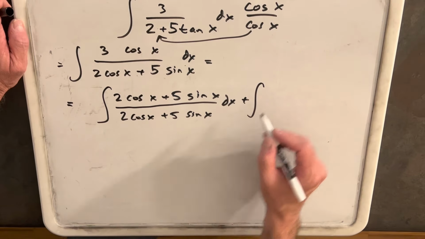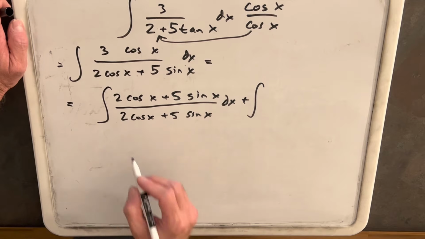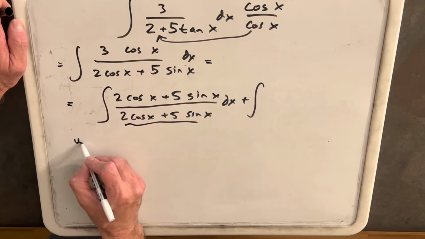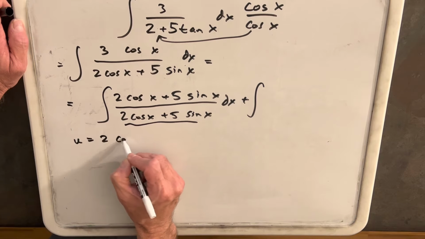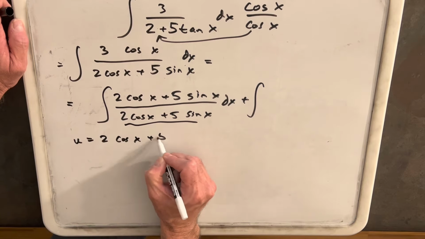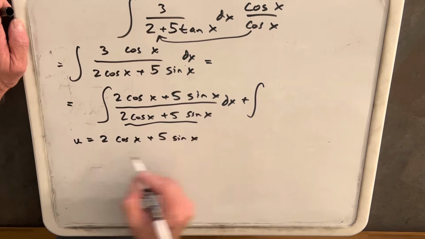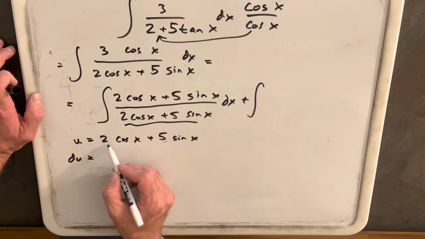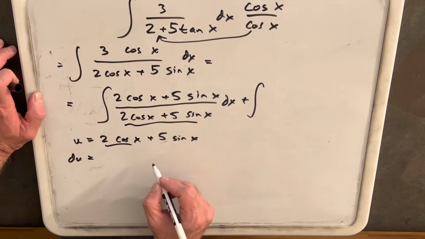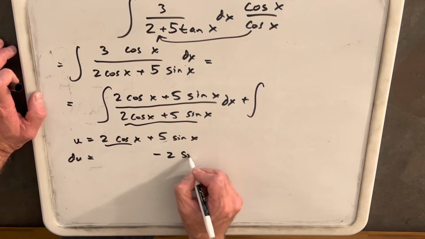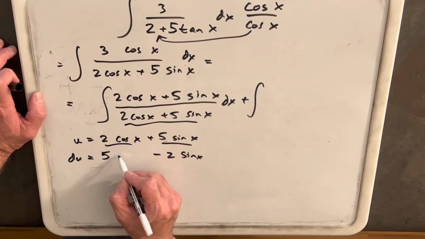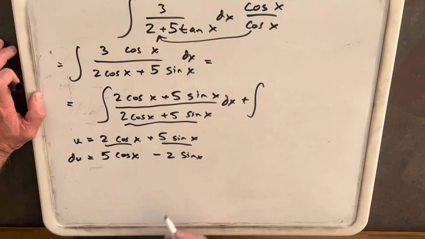And then we would like this one to be, what is the derivative of this? Let's just pretend we're doing a u substitution. If we have 2 cos x plus 5 sine x, the derivative of 2 cos x is going to be minus 2 sine x, and the derivative of 5 sine x is just going to be 5 cos x.